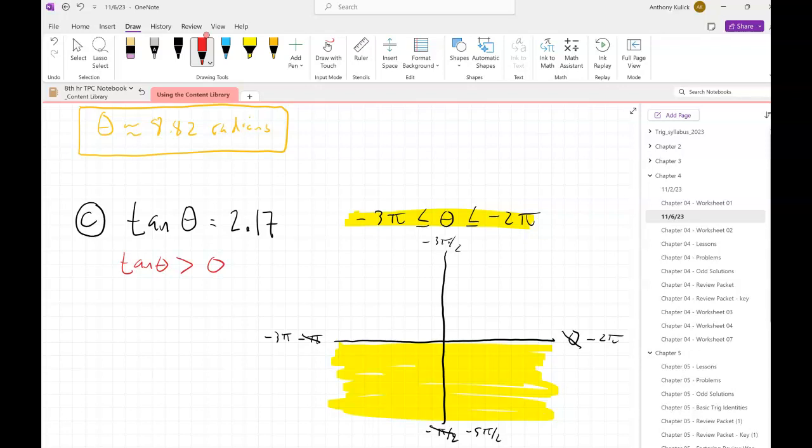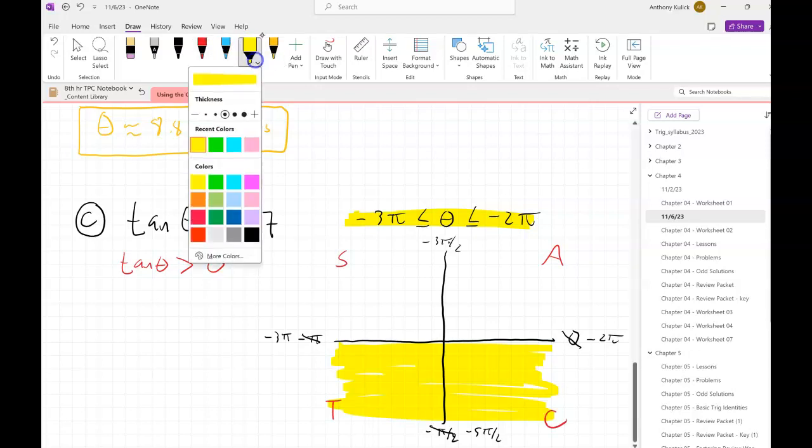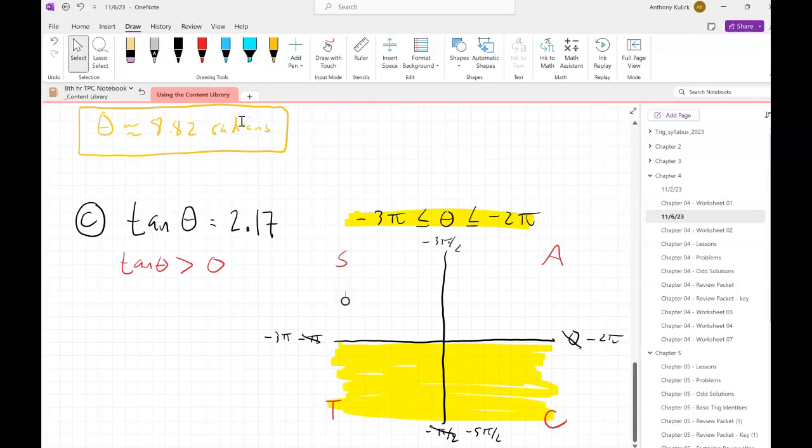Here we notice tan theta is positive. Where can tangent be positive? We're using All Silly Turtles Crawl. Who can tell me? 3 and?